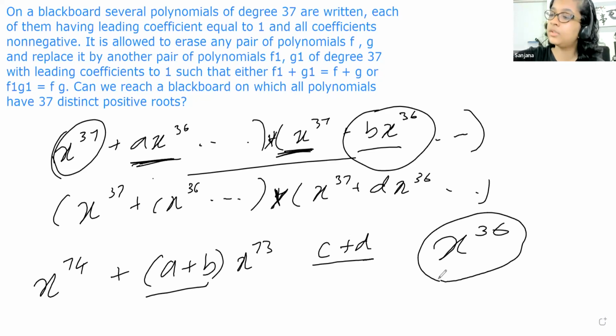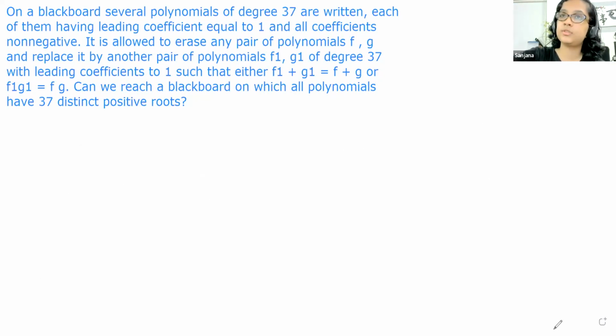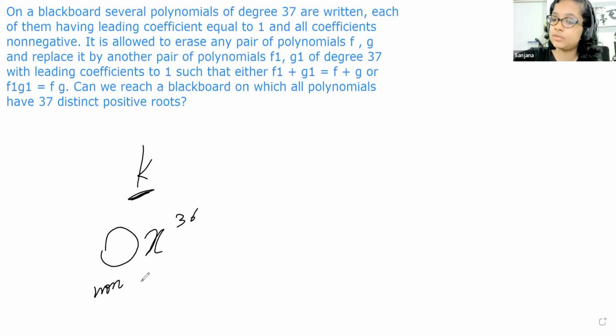After that, it becomes kind of easy. Suppose you have this sum, let's just call it k. Initially, you know that all the coefficients are non-negative, so this k has to be non-negative. No matter how you change the polynomials, there should always be some polynomial with the coefficient of x raised to 36 as non-negative, because otherwise the sum won't be non-negative.